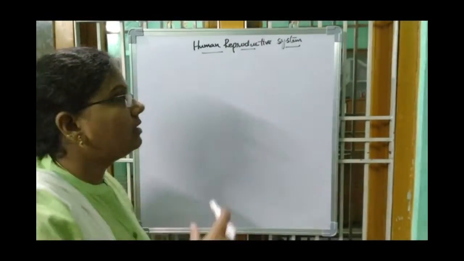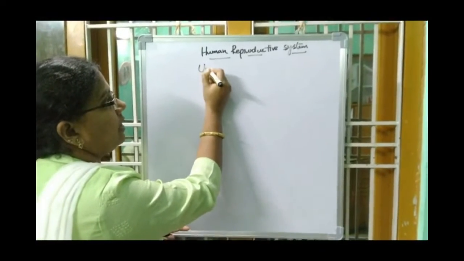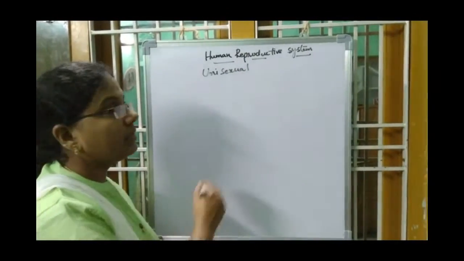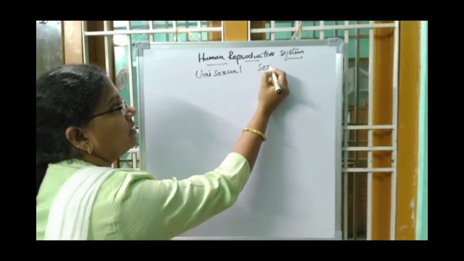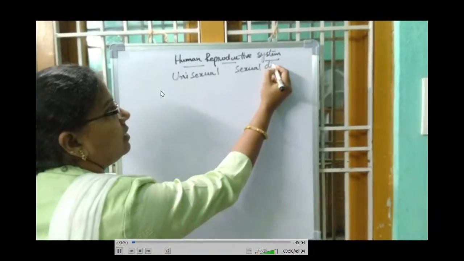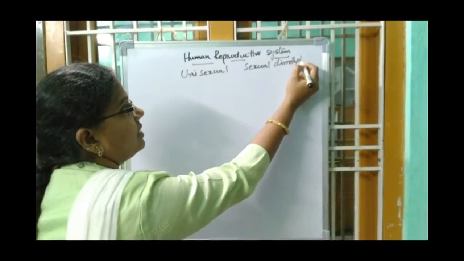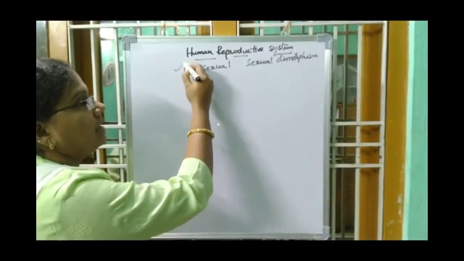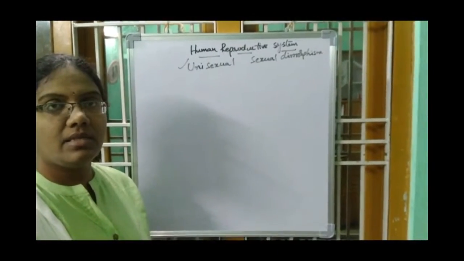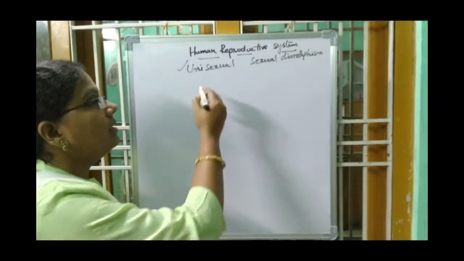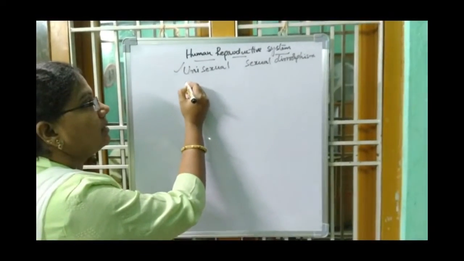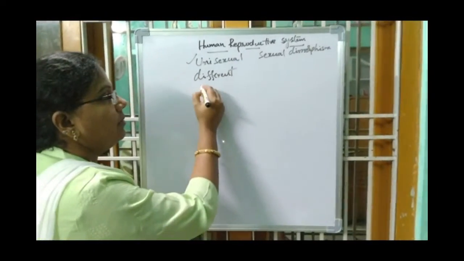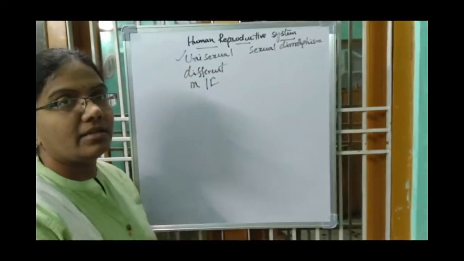Before going to that, we have to discuss unisexual organisms and sexual dimorphism. Human beings are considered unisexual animals, which means they possess different sex organs, like male and female sex organs.